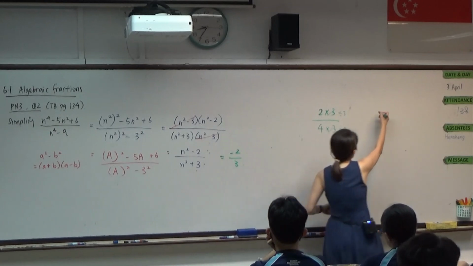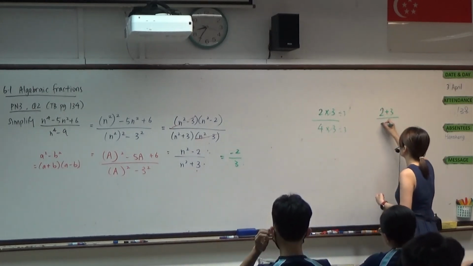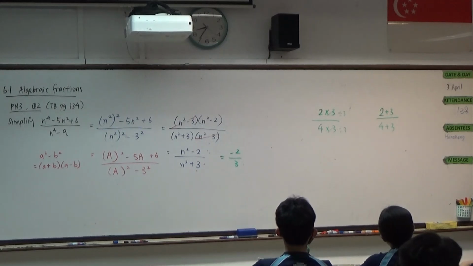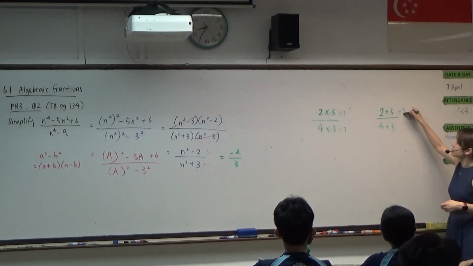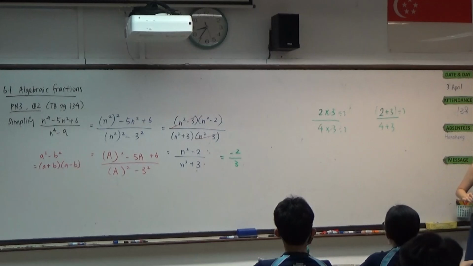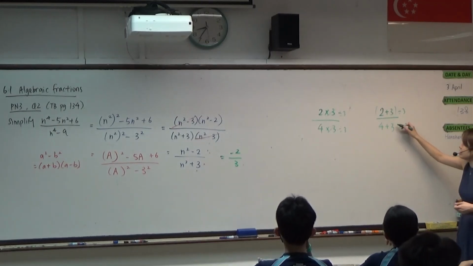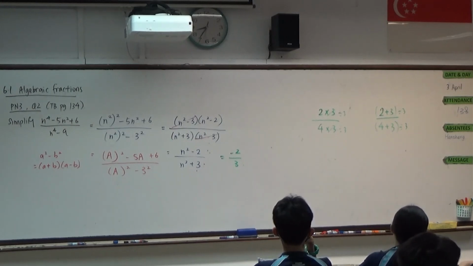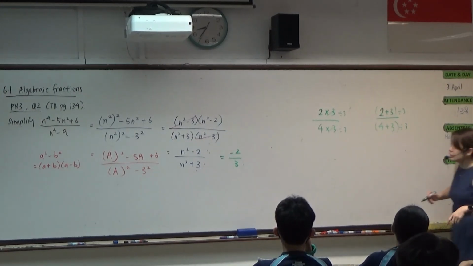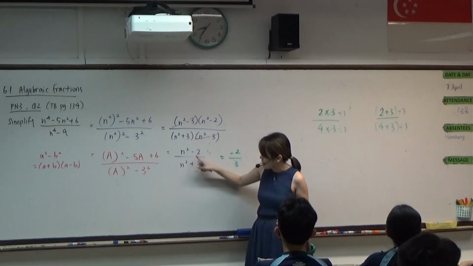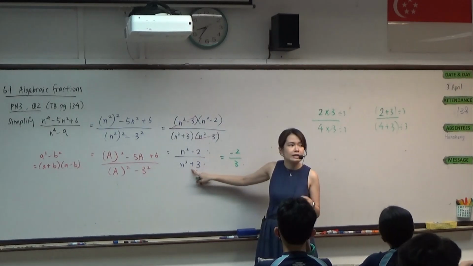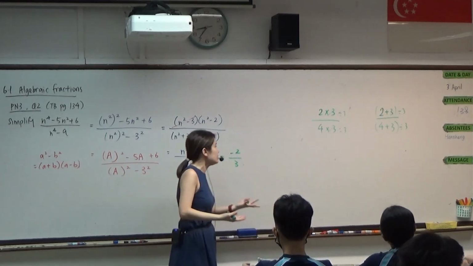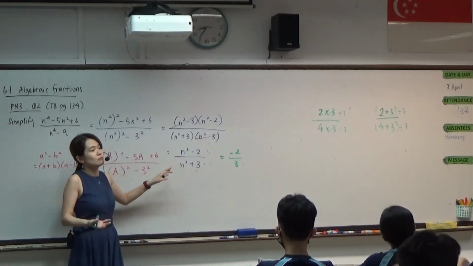In contrast, if I have 2 plus 3 over 4 plus 3, and I want to divide by 3 on this entire numerator and this entire denominator, is my answer going to be 2 over 4? No, right? Because here it is a minus sign and a plus sign, not multiplication. That's why we cannot do the division, and why your n squared cannot be removed.